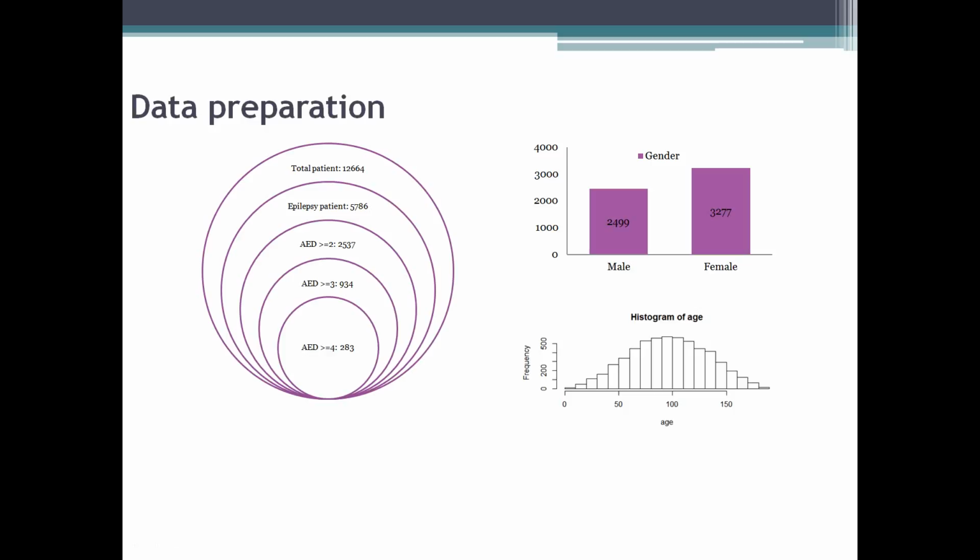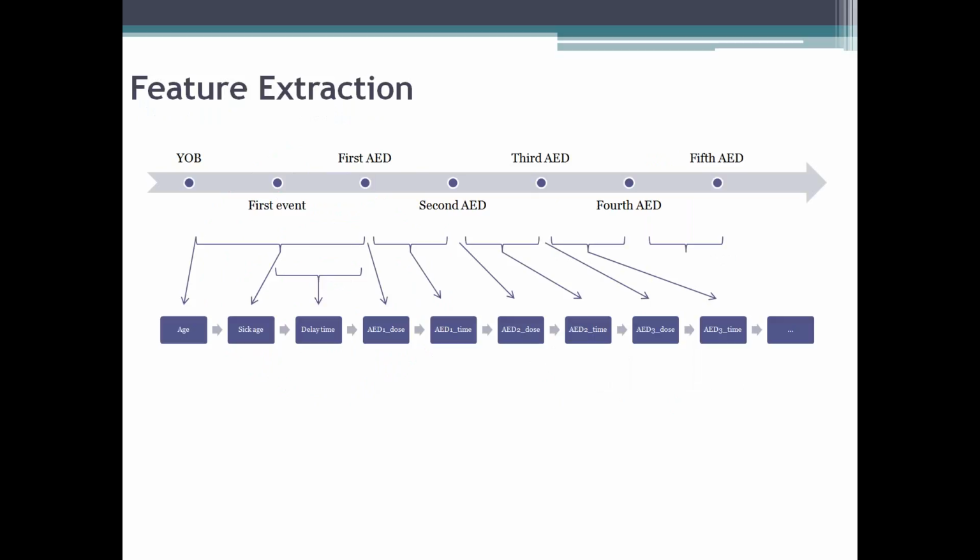Total patients are 12,000, and finally we have 5786 epilepsy patients, and only 283 patients have an AED number bigger than 4, which we defined as the DRE patients. The other epilepsy patients are non-DRE patients.